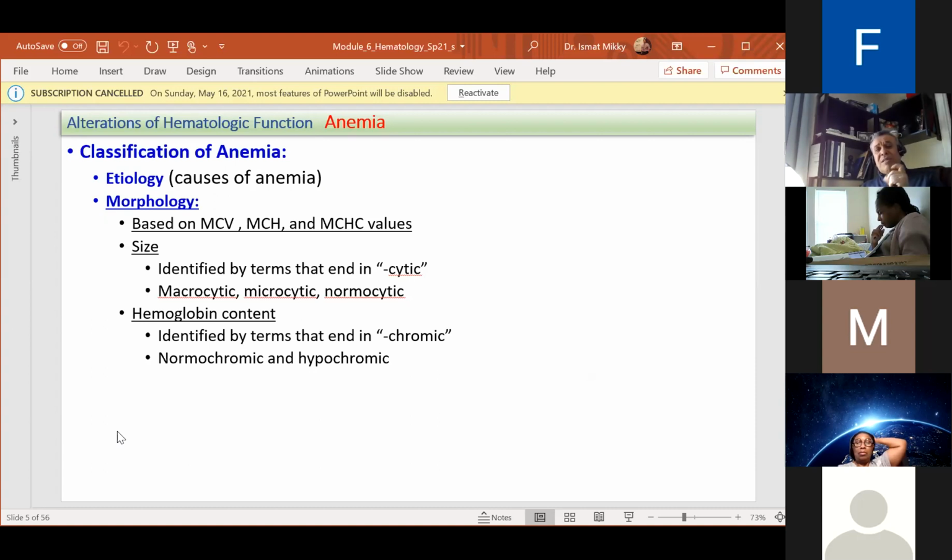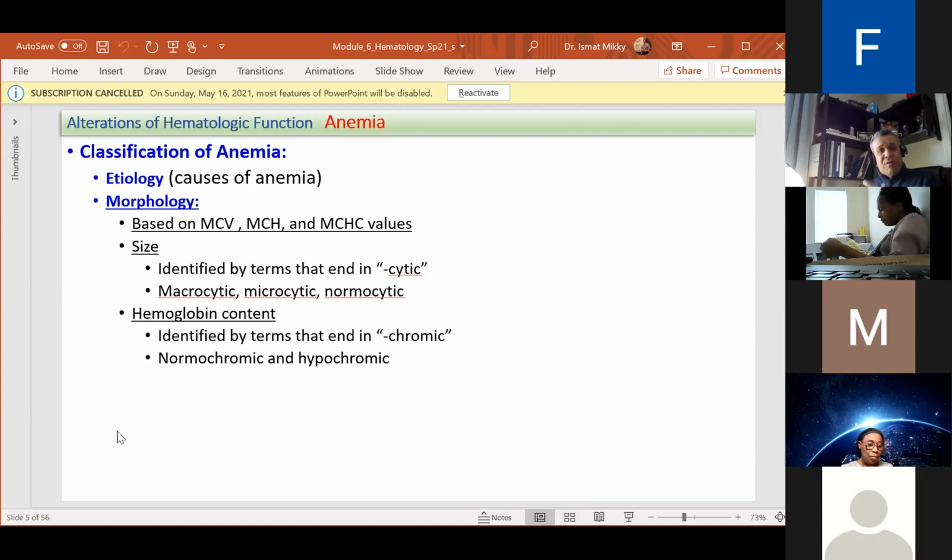Cytic always refers to the size of the RBC. Chromic refers to the color, which is the content of the hemoglobin. So hemoglobin content is identified by the term chromic, like hypochromic or normochromic. Normochromic means normal hemoglobin content in the RBC, and hypochromic means we have less than normal hemoglobin in the RBC.